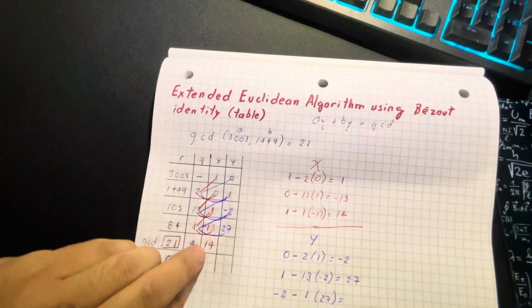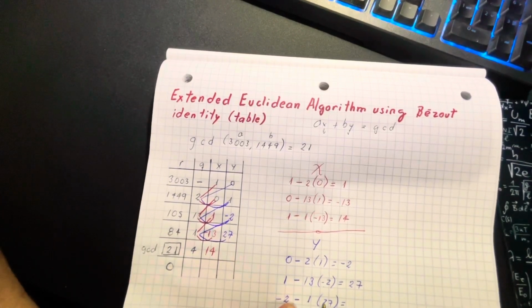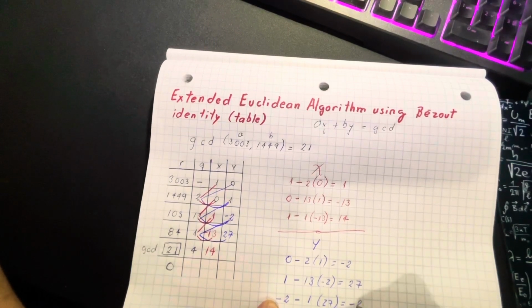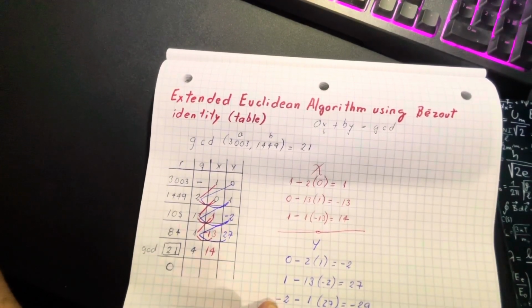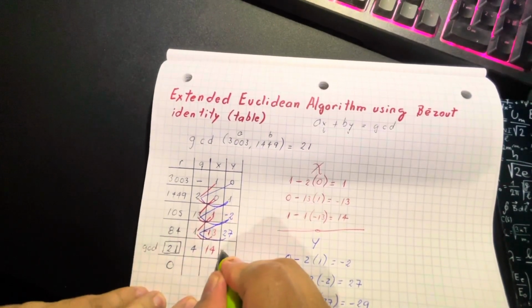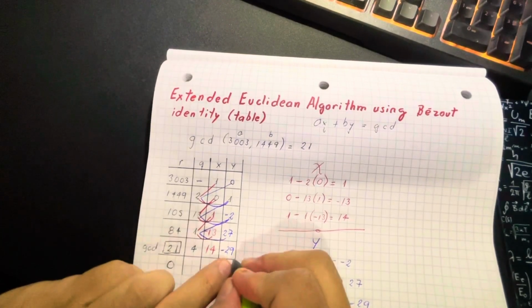And right here, this one is negative and a positive, so when you multiply, you're going to have a negative. So this one is going to be negative 27 plus a negative, you're going to get a negative, so it's going to be negative 29. And this negative 29, you put it right here, you see? Negative 29.